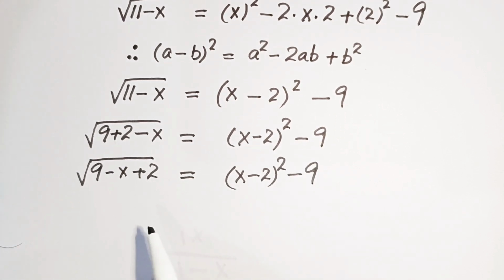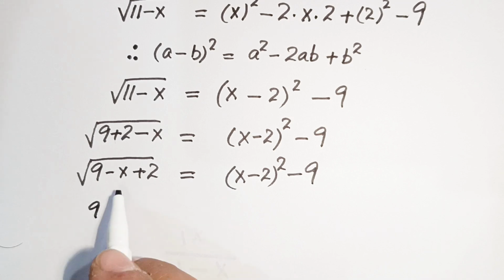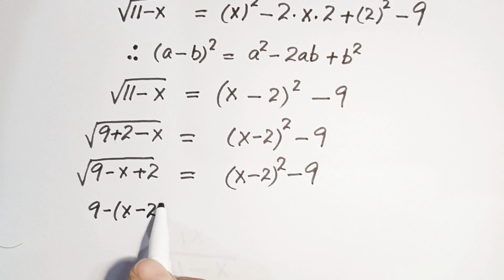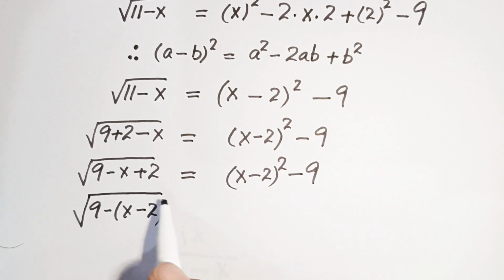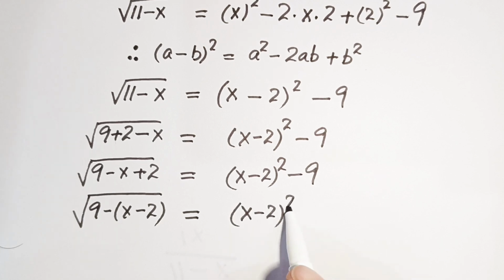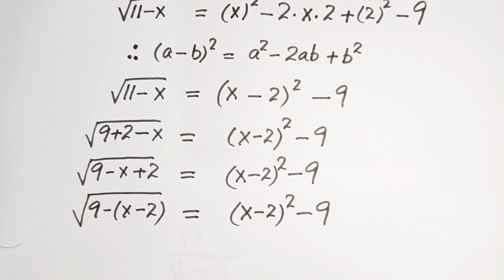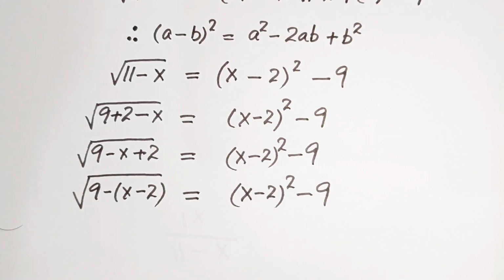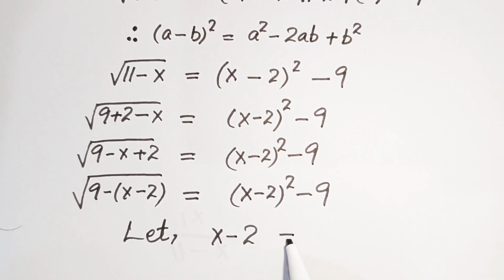Here if we just take minus common, so we have 9 minus (x minus 2) whole square root is equal to (x minus 2) whole square minus 9. Now here let us suppose that x minus 2 is equal to m.